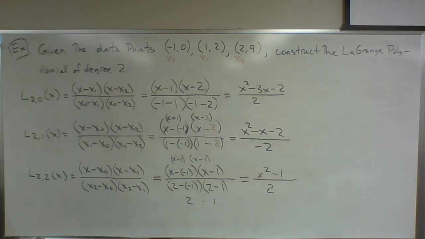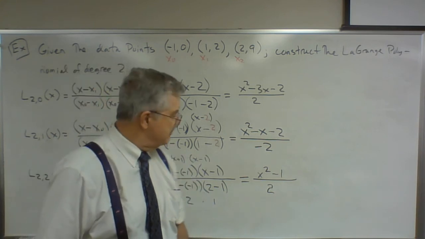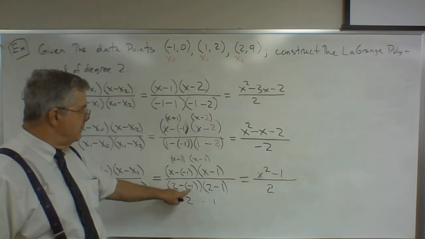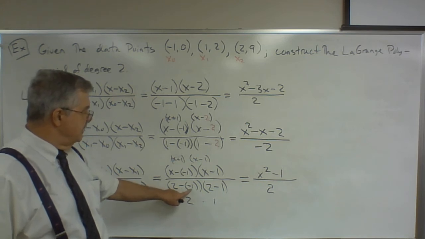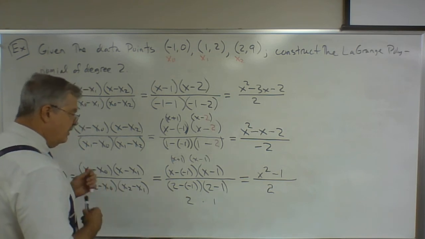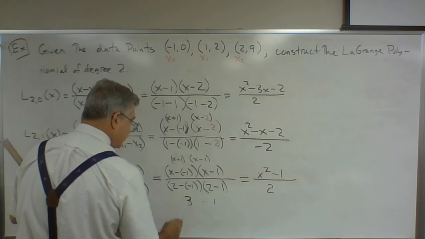But the bottom, I think there's a problem with it. Forgive me, I'm having a duh moment. This is 2 minus a negative 1, not 2 times a negative 1 or anything like that. So forgive me, this should be 3.